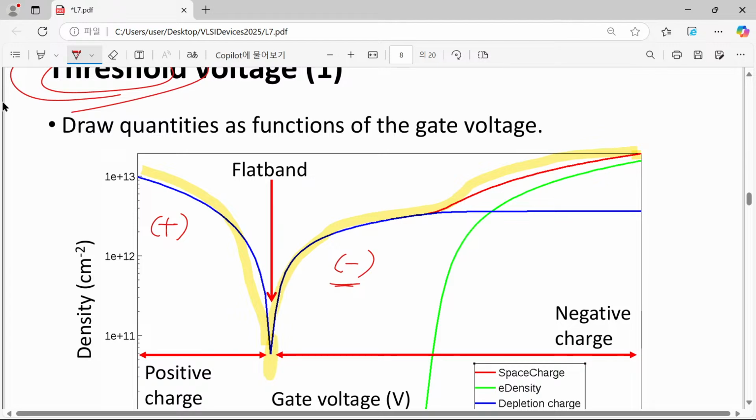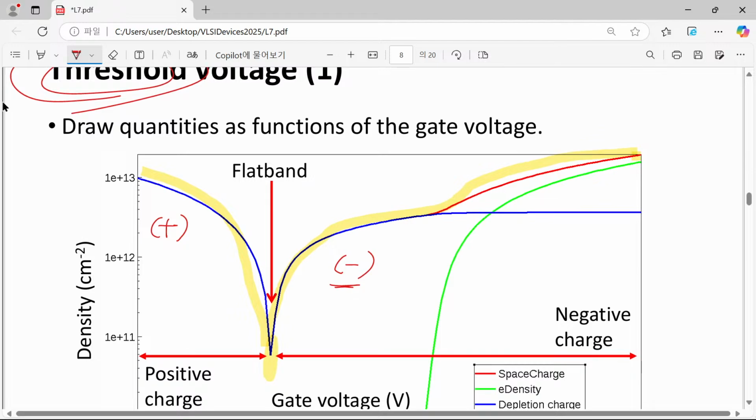In this answer, you can find additional lines like the blue one or green ones. Those are not directly available from our discussion, so for a while, just forget about them. Just try to draw this yellow curve corresponding to the total amount of charge collected in the substrate.